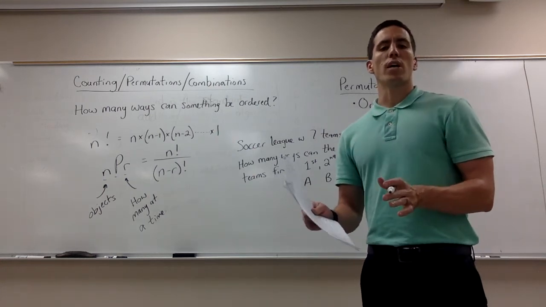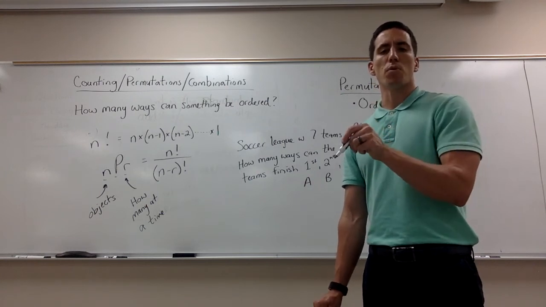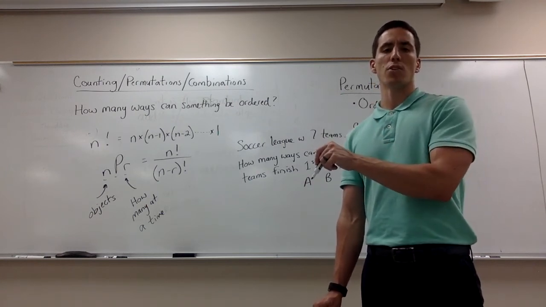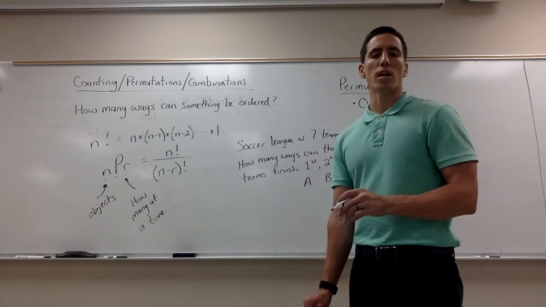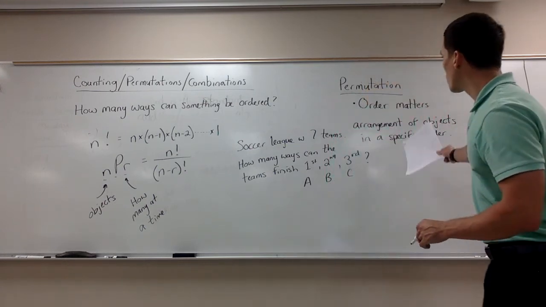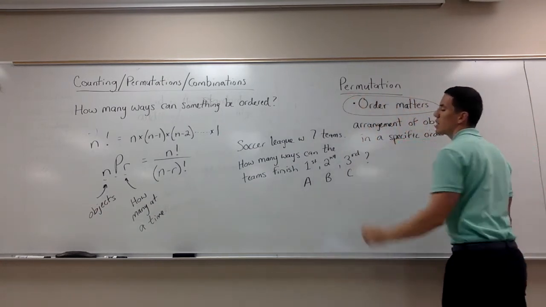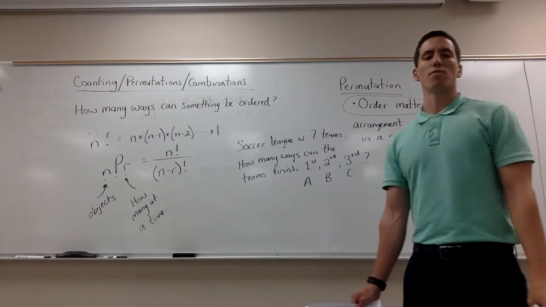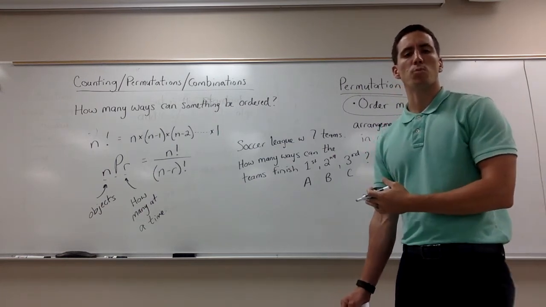When we first start looking at this problem, the first thing we have to address is, is this a permutation or is this a combination? Now, if you haven't watched the combinations video yet, you obviously need to watch that as well. But going back to what we said over here, how we determine whether this is a permutation of objects or a combination of objects is by asking the question, does order matter? So how do we determine that in this problem?